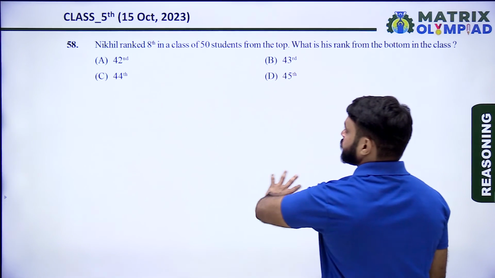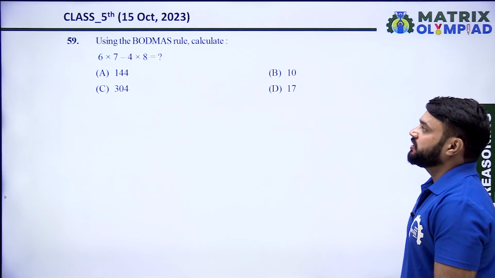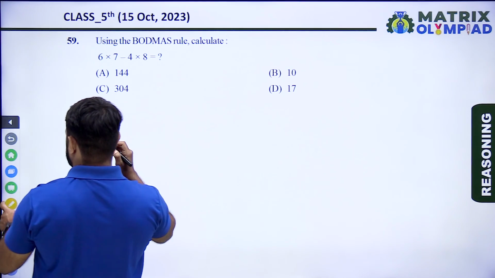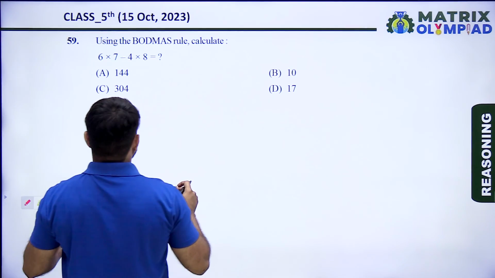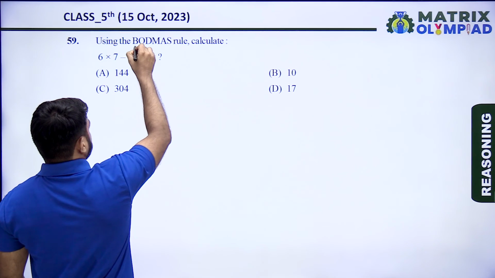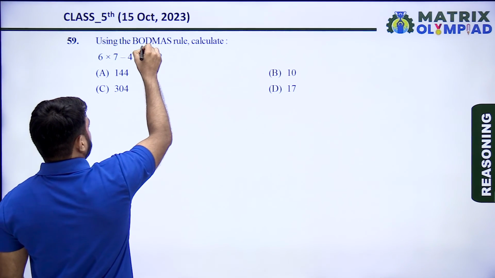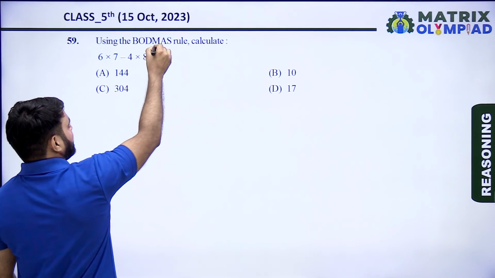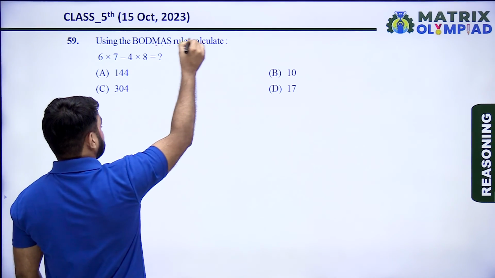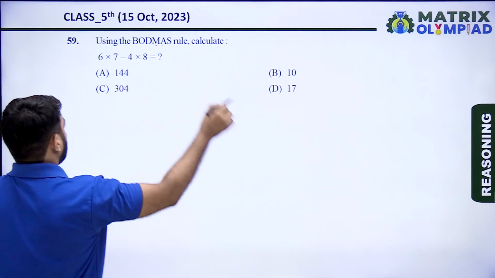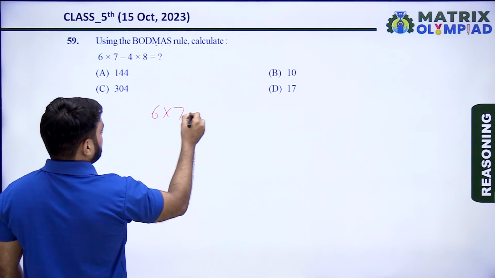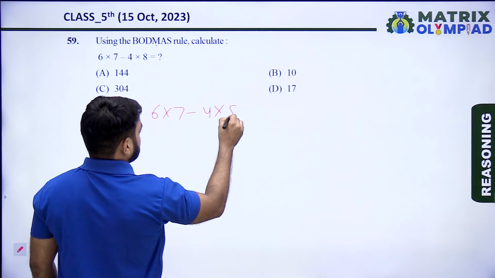So next question is question number 59. Using the BODMAS rule, calculate the value of the given expression. BODMAS means B is bracket, O is order of power, D is division, M is multiplication, A is addition, and S is subtraction. So 6 multiply 7 minus 4 into 8.